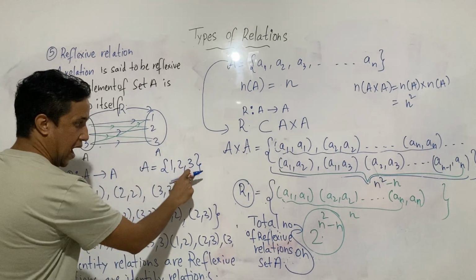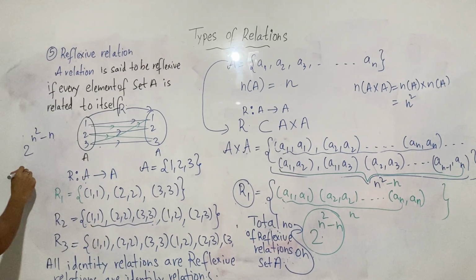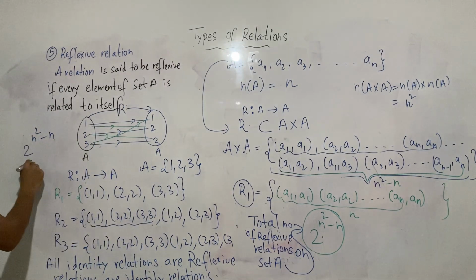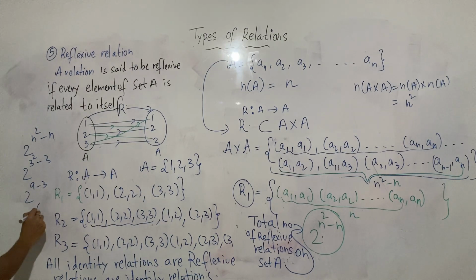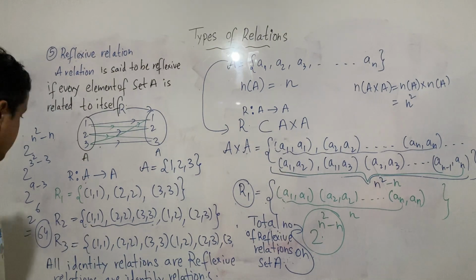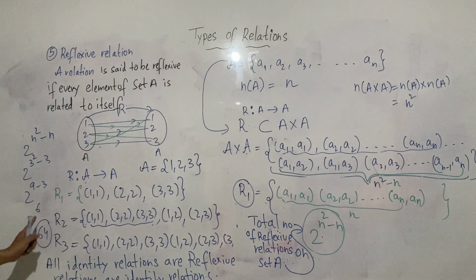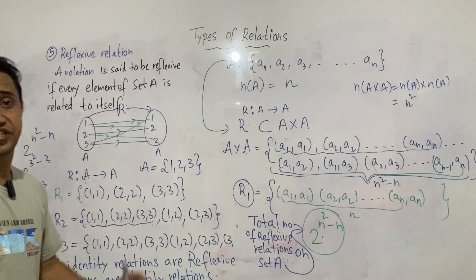What is n here? 3. So 2 raised to power 3 squared minus 3, which is 2 raised to power 9 minus 3, 2 raised to power 6, which means 64. Yes, 64 reflexive relations are possible for this set.